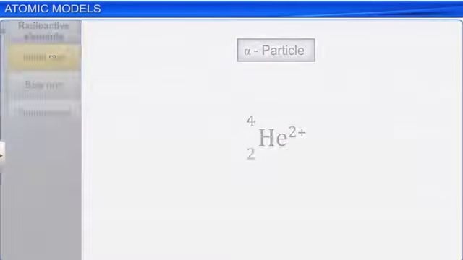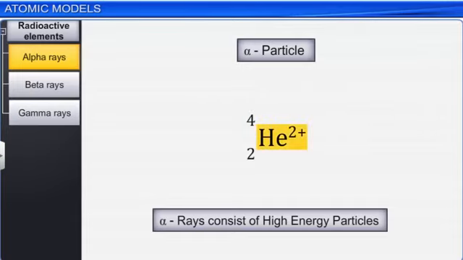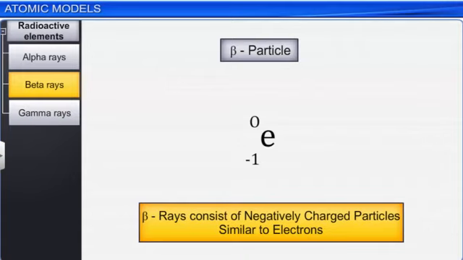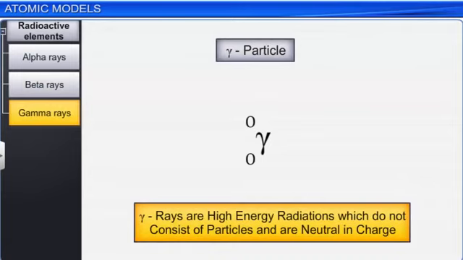Rutherford found that alpha rays consist of high-energy particles carrying 2 units of positive charge and 4 units of atomic mass. Hence, these particles are dipositive helium nuclei. The beta rays are negatively charged particles similar to electrons. And the gamma rays are high-energy radiations like X-rays.